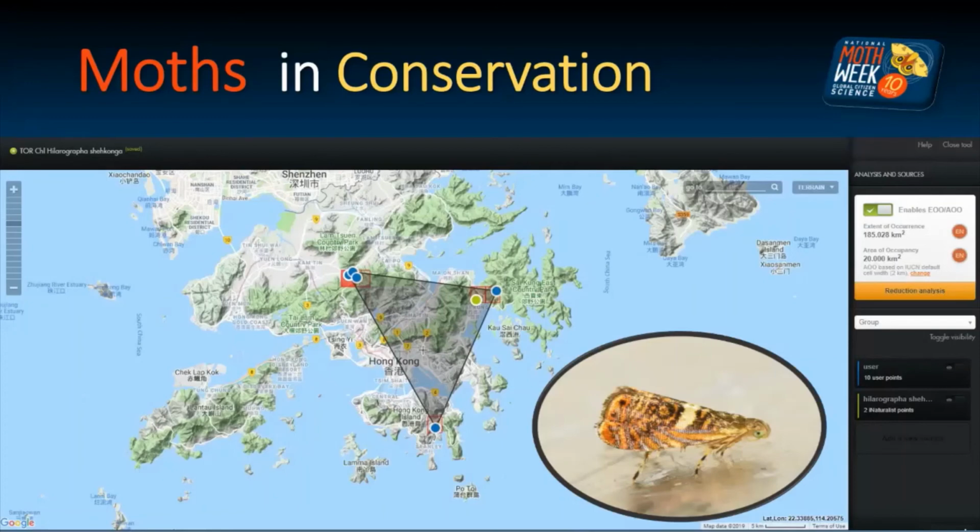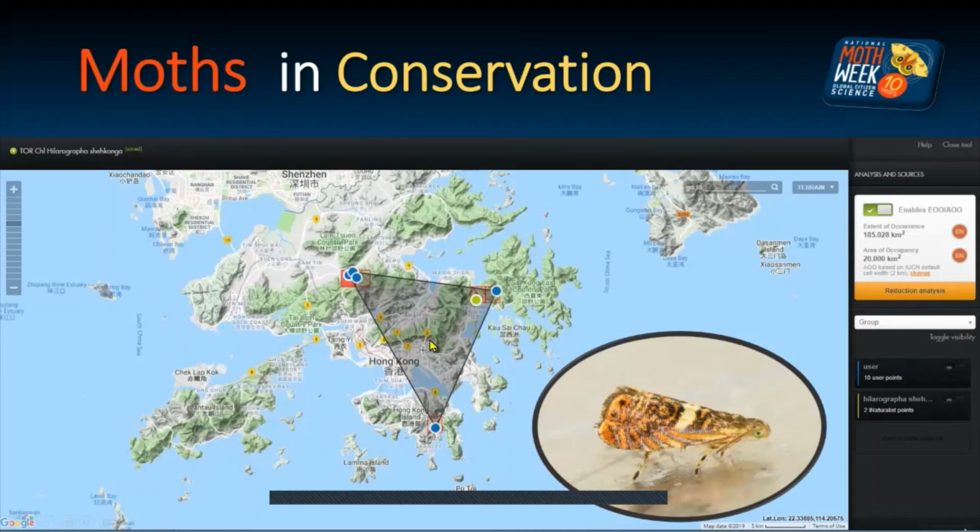And what is on screen is a case in point. This species of moth was recorded in Hong Kong in the late 1990s and not before. It was actually described in the mid-2000s, but it's still only known from basically three meta-populations. And we don't know whether there are any interconnecting population sites.